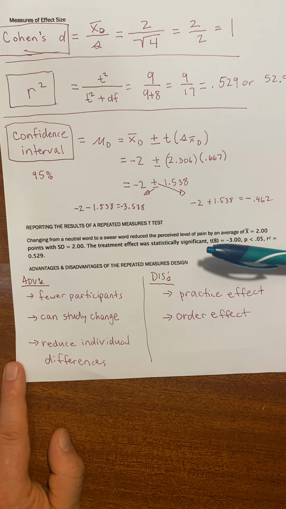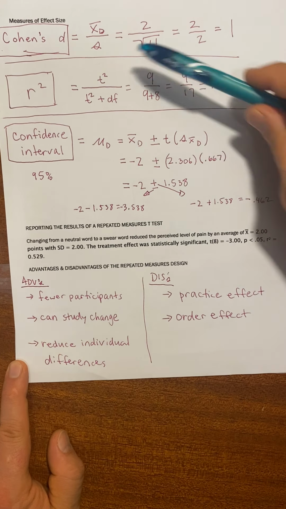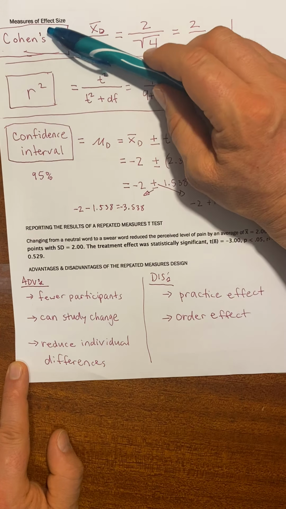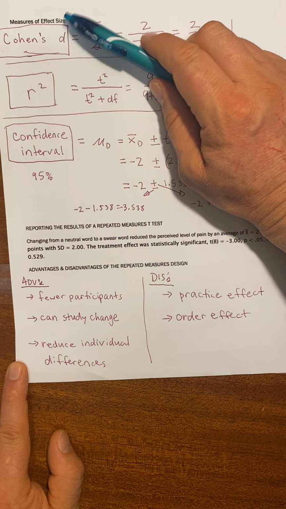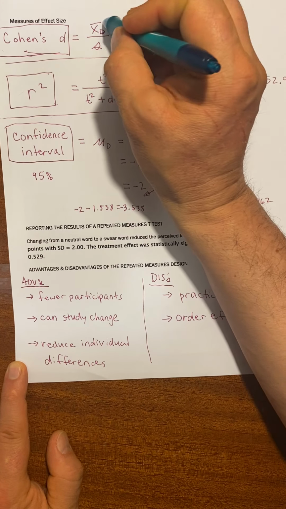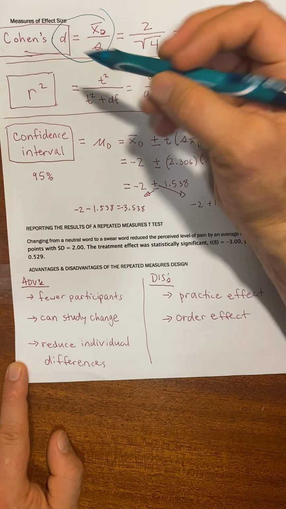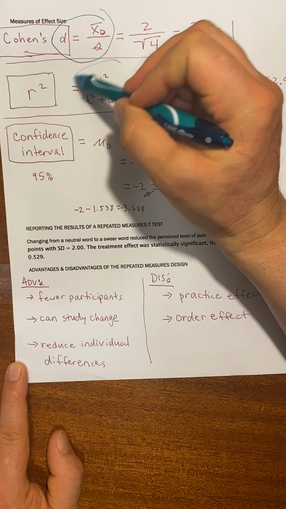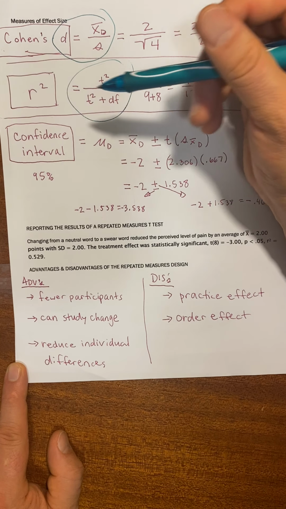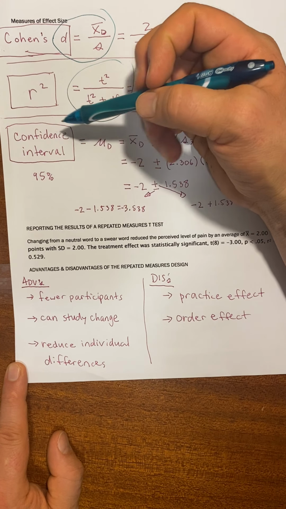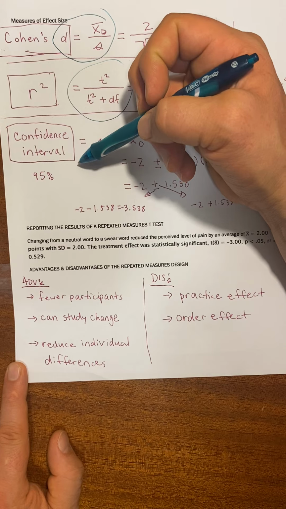We've been noting that you can measure effect size 3 different ways, either by calculating Cohen's d, and this is the formula right here for it. Or you can measure effect size by calculating r squared. That's the formula for it. Or you could measure effect size by calculating the confidence interval.